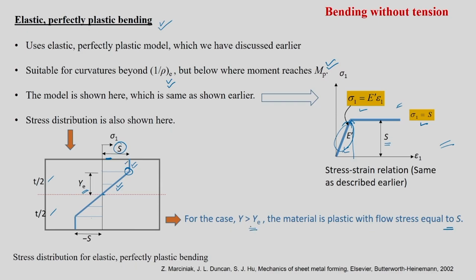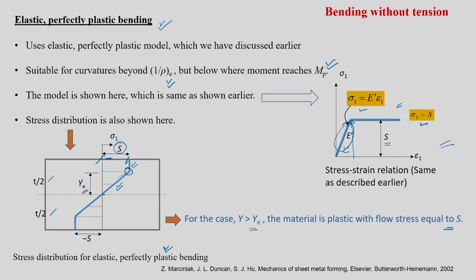So if you have a situation like this, the material will become plastic with a flow stress of S. That is what is given in this stress distribution. A similar distribution we got for the strain hardening sheet also. The only thing is it will become a little non-linear in its variation. That is the only difference. So the stress distribution of elastic perfectly plastic bending is this.